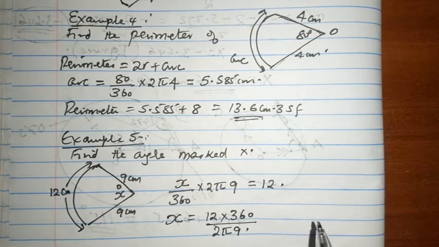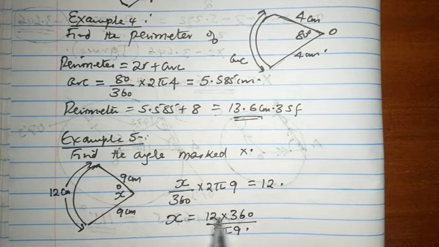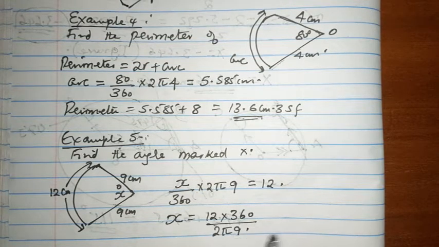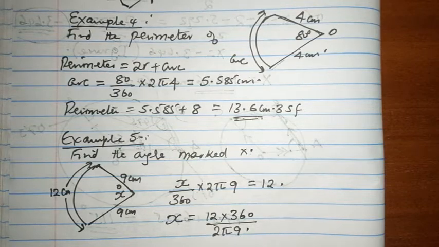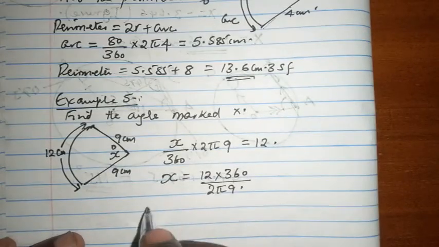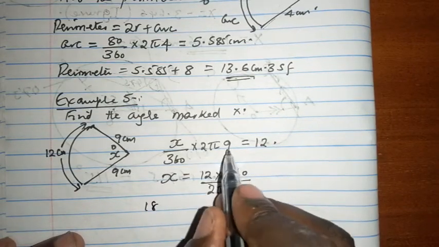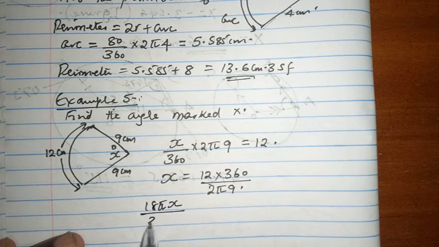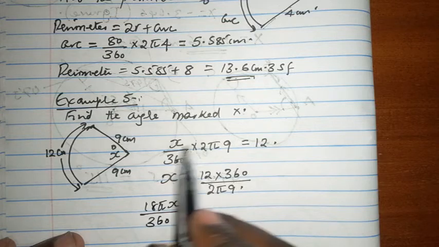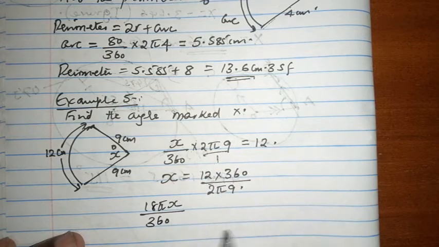The reason why I have done it like this is because these are two equal fractions. 2 times 9 is 18 pi x all over 360, and this is over 1, of course, equals 12 over 1.